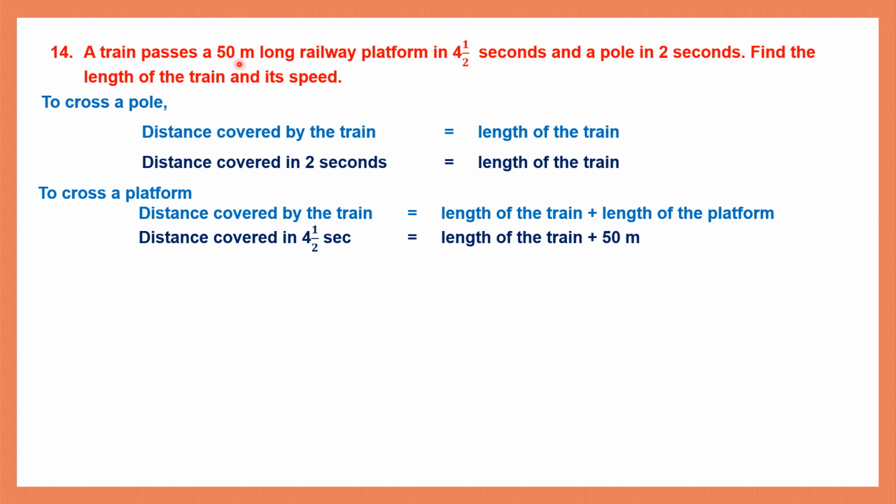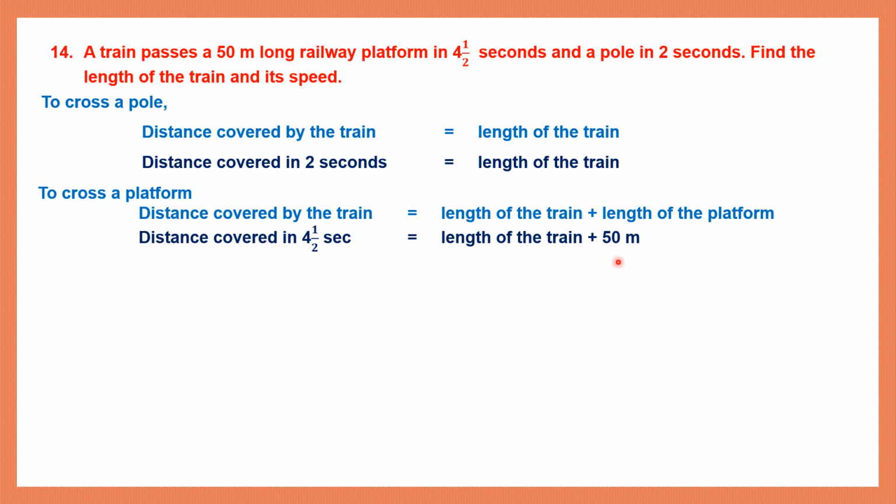It is the length of the platform given to us. So the distance covered in 4.5 seconds is equal to the length of the train plus 50 meters. Now how do we get this length of the train? If I have to take this as an equation, I can't say length of the train is equal to distance covered in 4.5 seconds plus 50 meters.